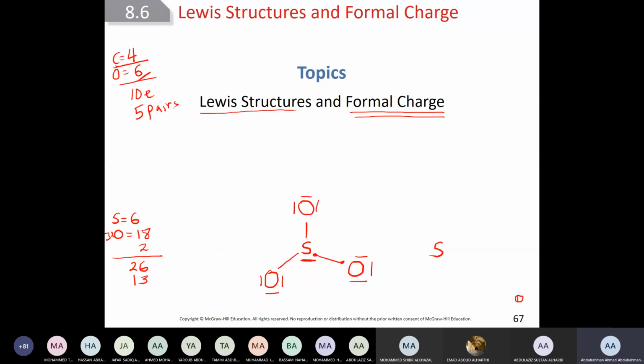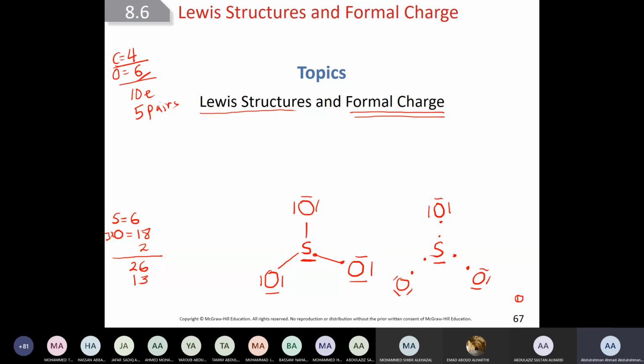This is the S, as I said, and we put a pair here, and then 1, 2, and 3, and then we put oxygen here with 1, 2, and 3, the other oxygen here, 1, 2, and 3, the other oxygen here, 1, 2, and 3.